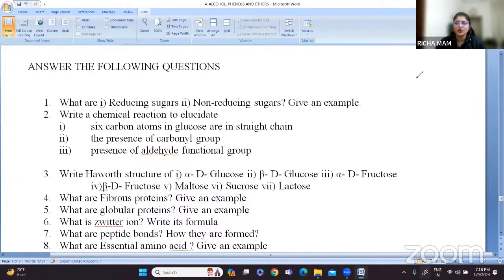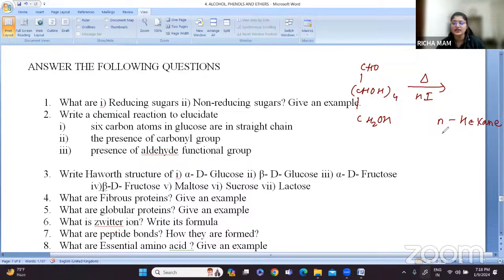So that is CHO, then CHOH four times, and I'll write it the shorter way, CH2OH. When I heat this in the presence of HI, I get n-hexane. n-Hexane means carbon atoms are 6.